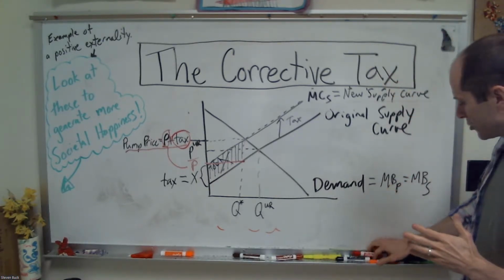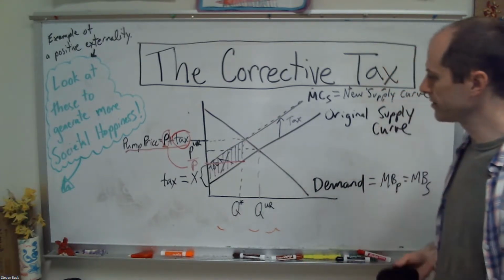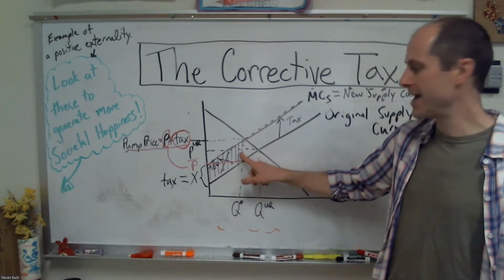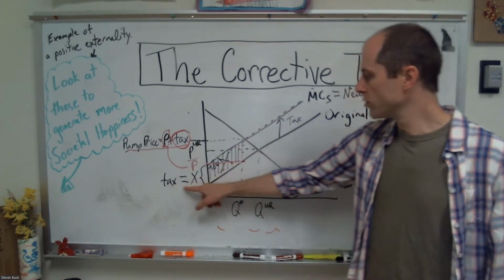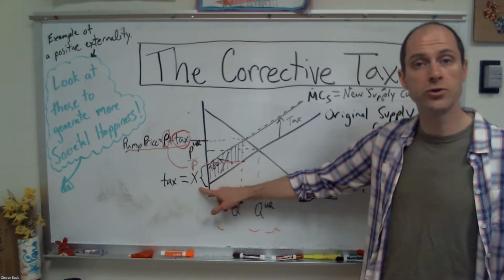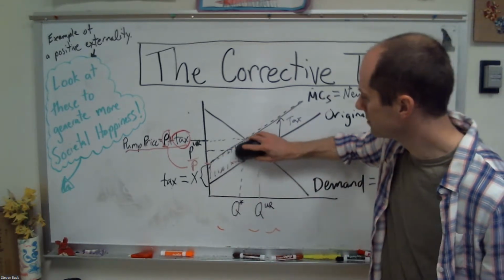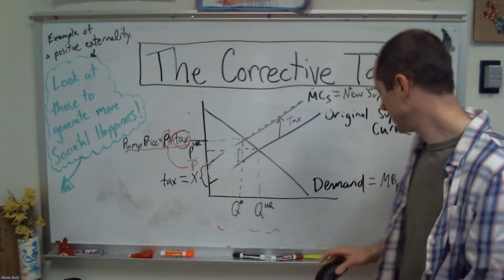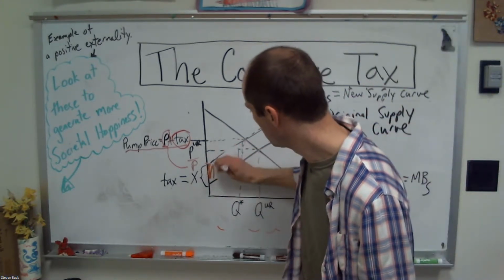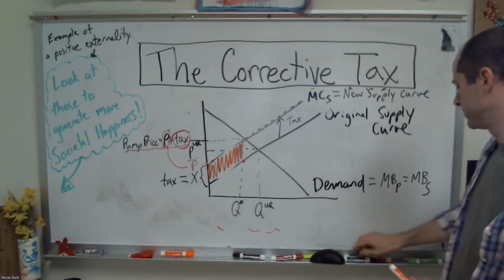Okay, so let's try to get this so it looks a little more like the graphic we started out with. So I detailed that this is the total externality, and I told you again that the tax per unit is going to be equal to the per unit externality. As a consequence, this guy right here is the tax revenue.